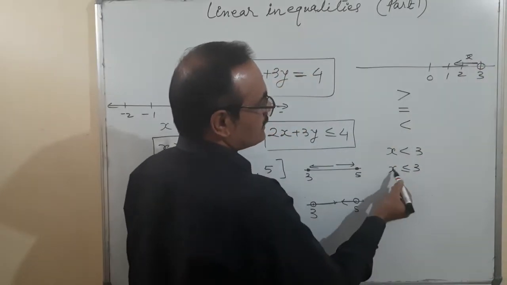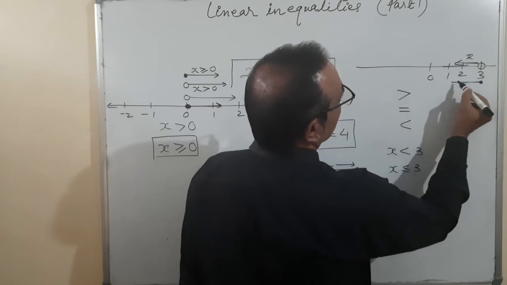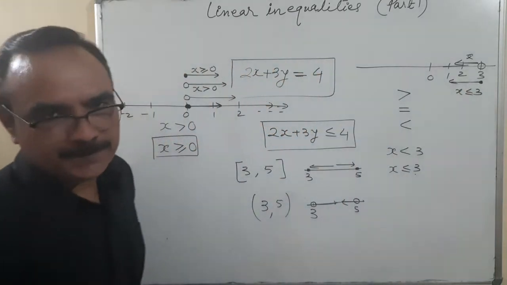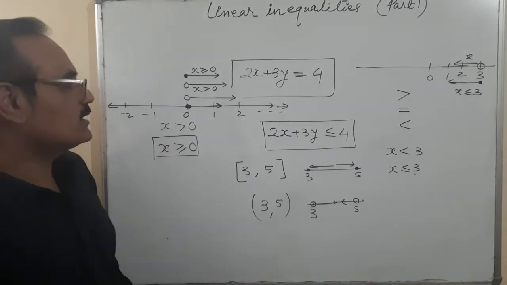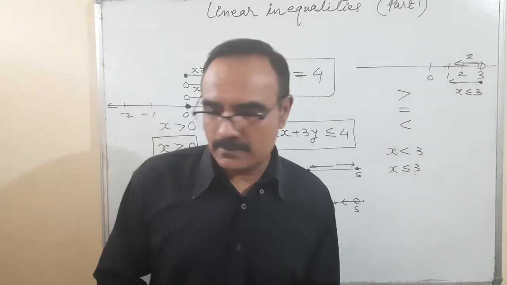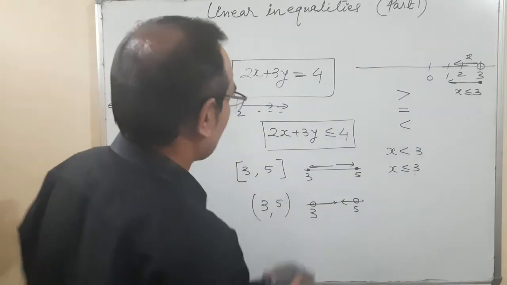Then x is less than or equal to 3. This is the difference between less than or equal and less than, and these are actually called inequalities.